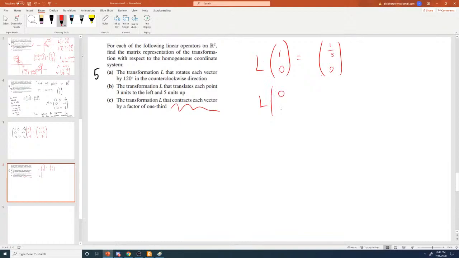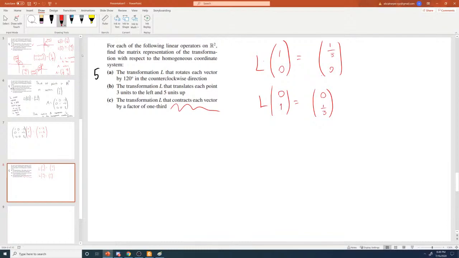When we apply L to the vector (0, 1), again, it's just going to take this vector right here and contract it by 1/3, so we get (0, 1/3). So it's very easy to model L by a matrix.